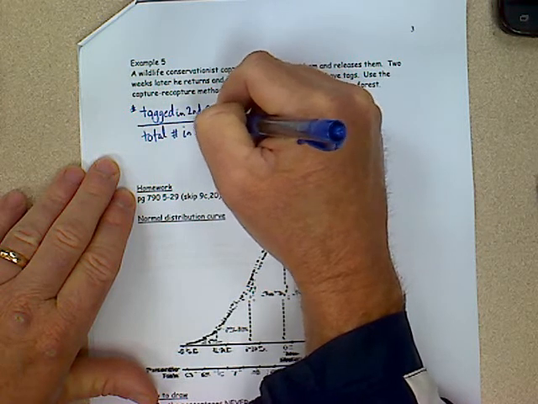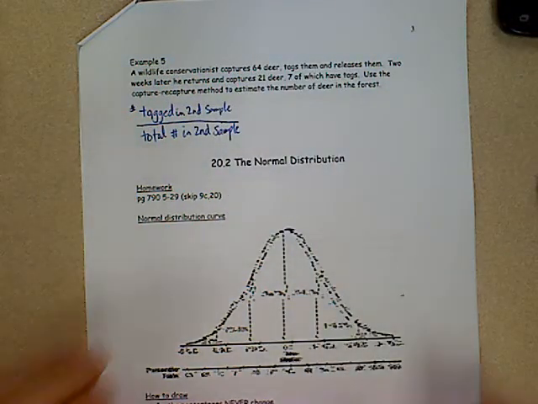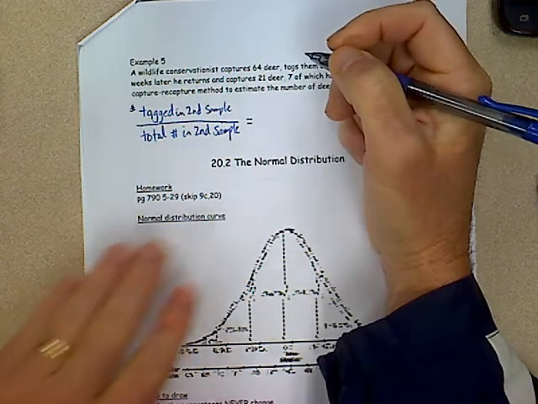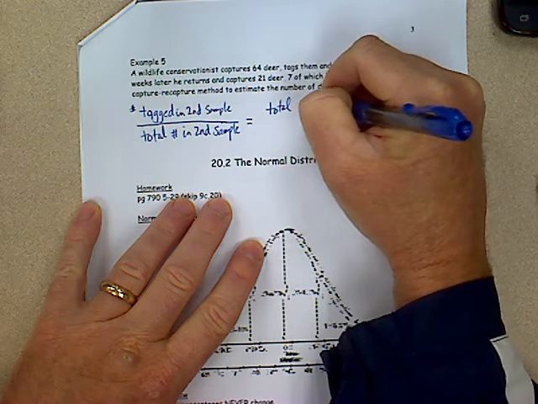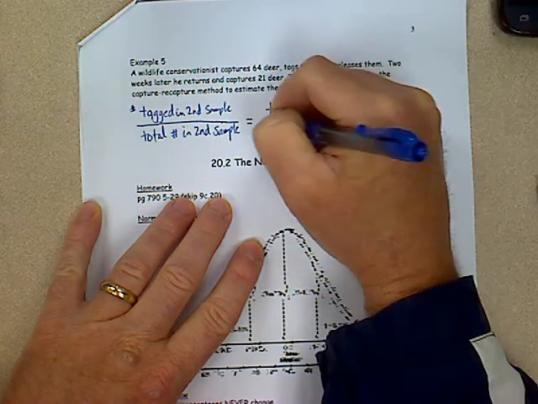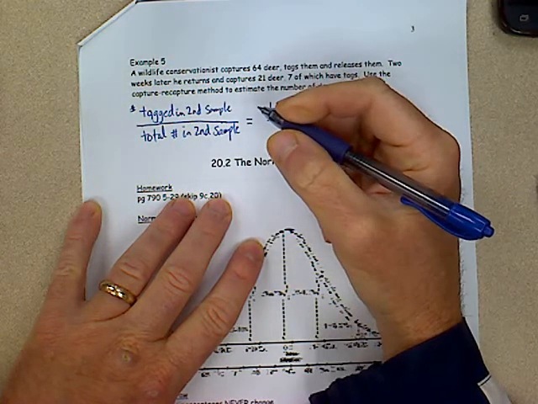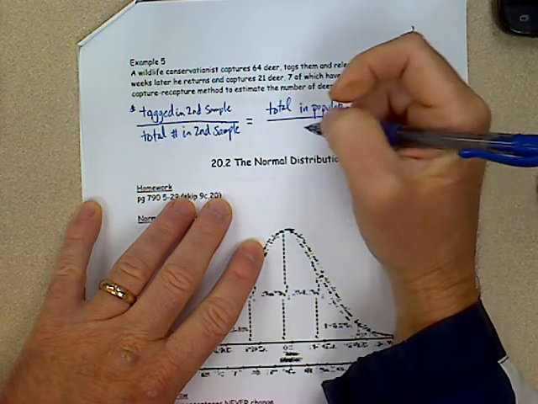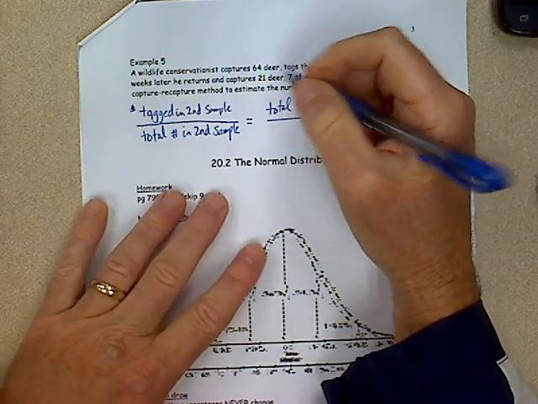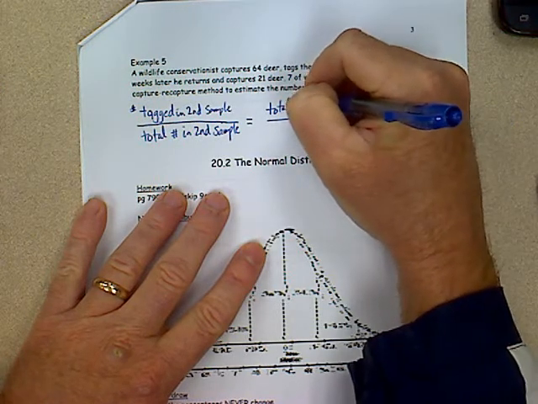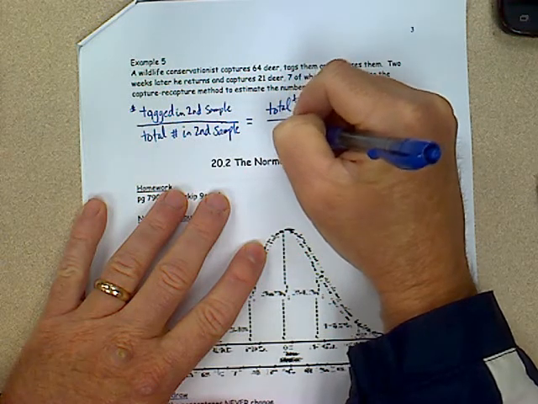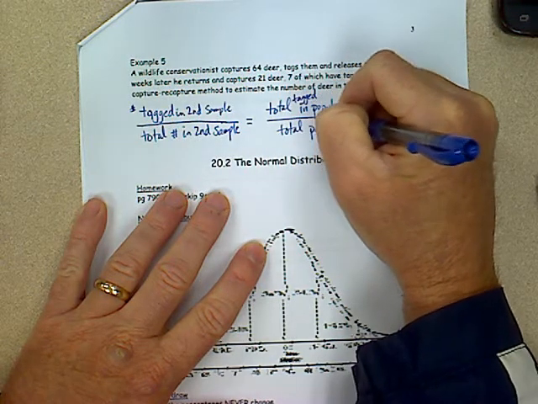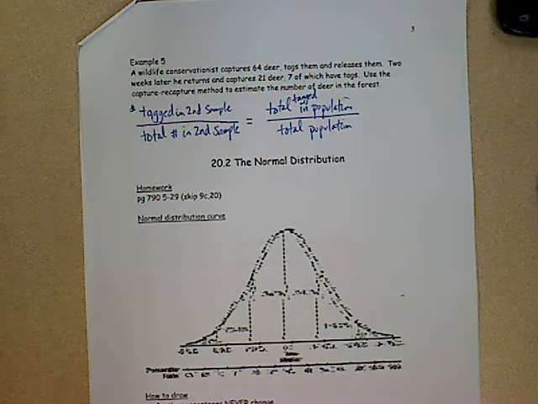This is when they go out and recapture. Okay, and then it equals the total in the population over... actually I have that backwards. It should be total tagged in the population over total population. Okay, I apologize for that. That's total tagged on the top.